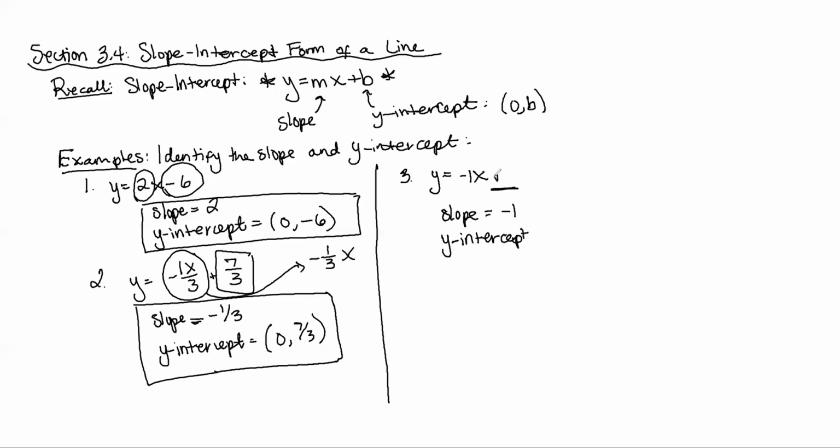So if we don't have anything, we can't put a 1 because +1 would actually be written there. +0 doesn't change it. So we can go ahead and put in 0 as our y-intercept. And so remember, we always have 0 for x, just like in these other 2 y-intercepts over here. And our y-intercept is also 0. So this means that our y-intercept is the origin. It's the point (0, 0).